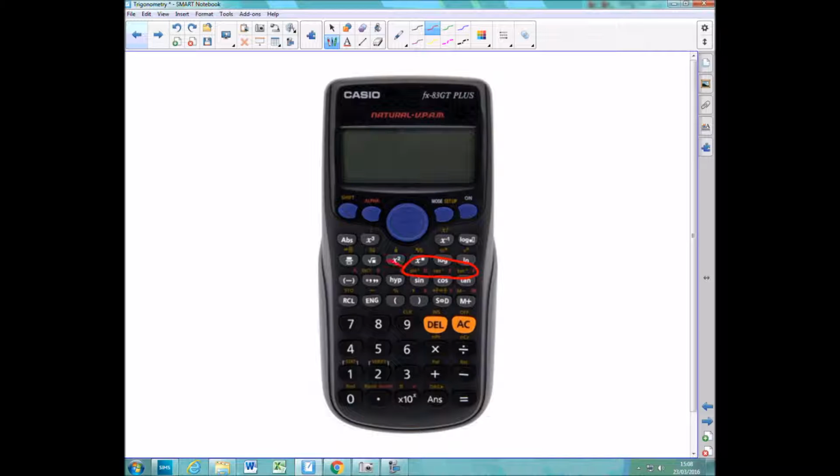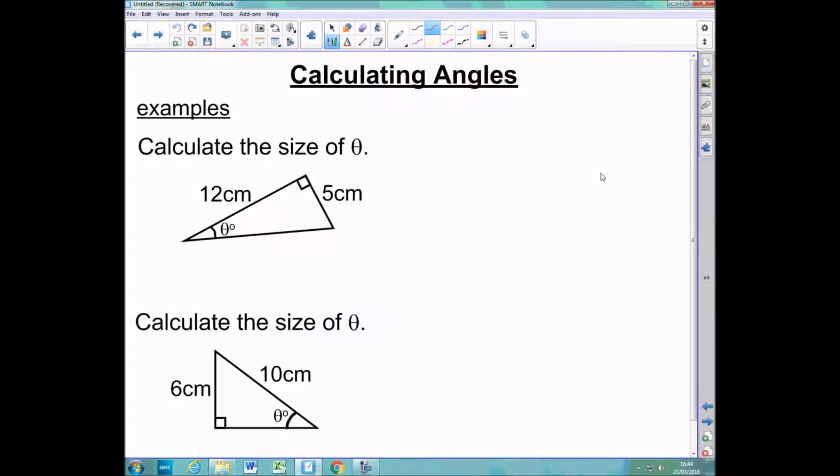You won't be able to see them very carefully, but if I just center on this one, it says in gold, sine minus 1. Likewise, here and here is cos minus 1 and tan minus 1. Now, these are the inverse buttons. If you remember, to get these inverse buttons up, we need to push shift. So to get the inverse buttons up, we need to push shift and then sine or cos or tan, depending on which one we want.